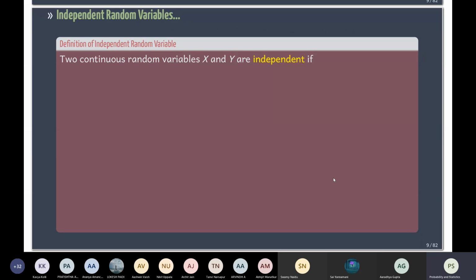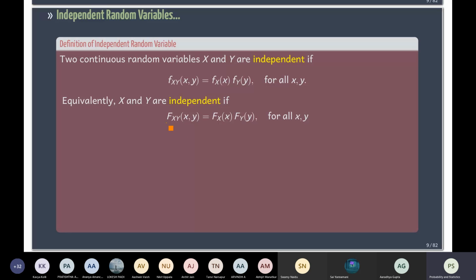Now, in the case of continuous random variables, we can also define independence of two random variables. Two continuous random variables are independent if the joint can be written as the product of the marginals, or equivalently, the joint CDF can be written as a product of the marginal CDFs.